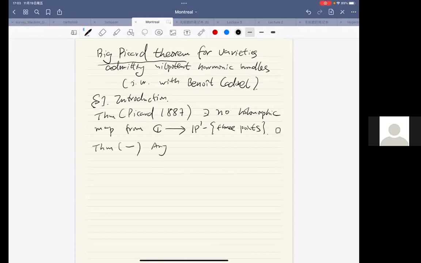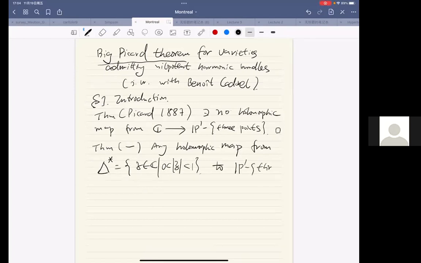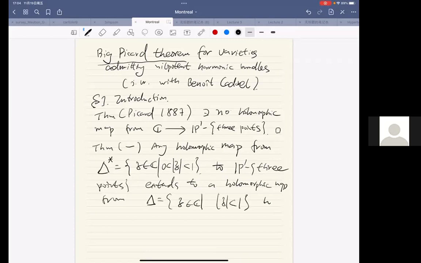It says that any holomorphic map from the punctured disk, which I denote by delta star, where z is such that the norm is greater than 0 and less than 1, to P1 minus 3 distinct points, extends to a holomorphic map from the unit disk, which I denote by delta in this lecture, to P1.